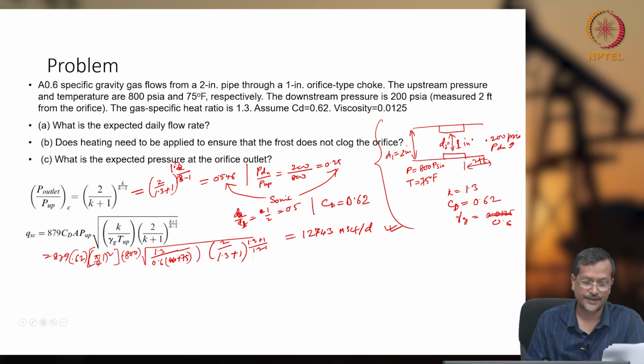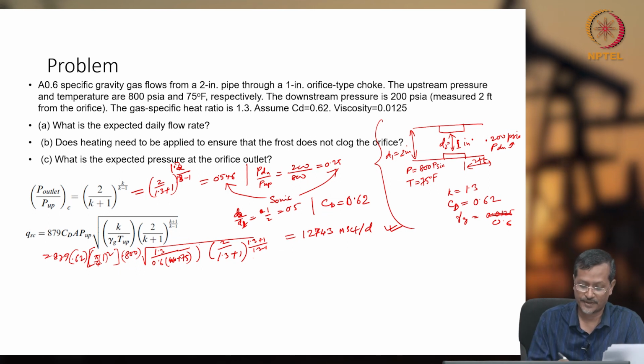Next is, is heating needed? For that you have to calculate the T downstream temperature.